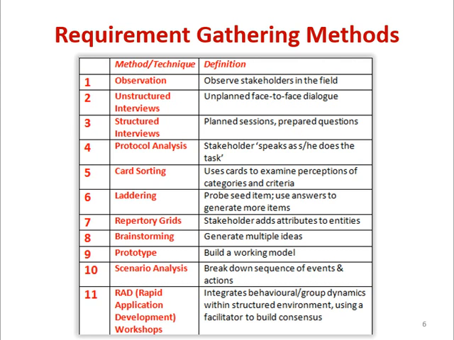This integrates behavioral group dynamics within a structured environment, using a facilitator to build consensus. The facilitator can be a Scrum Master or Agile coach, playing the role of a servant leader, building consensus between the team to reach an agreement.